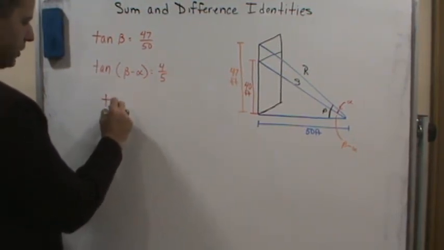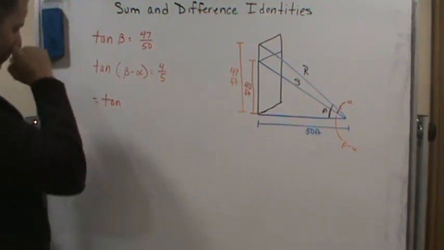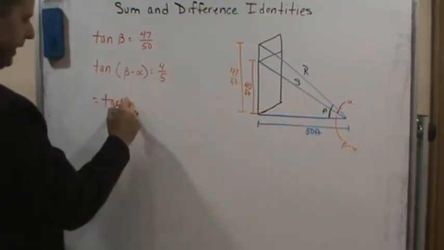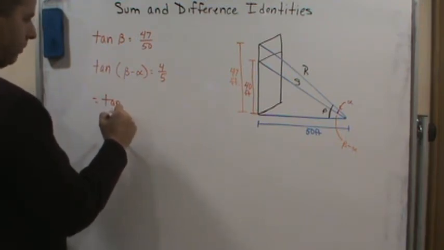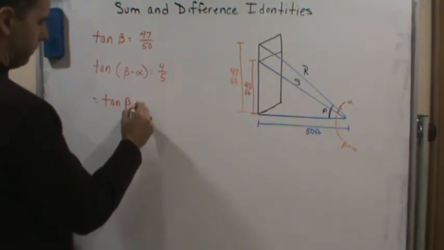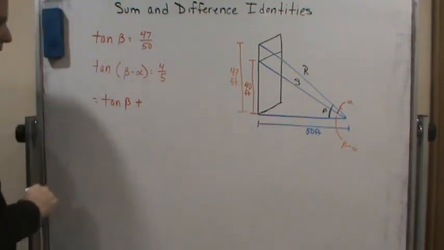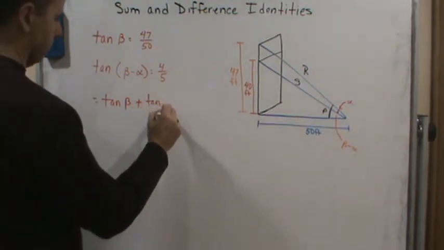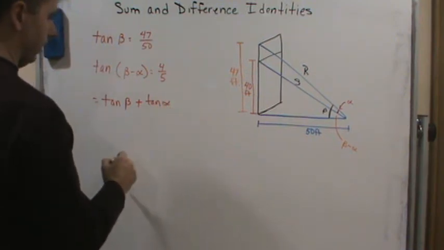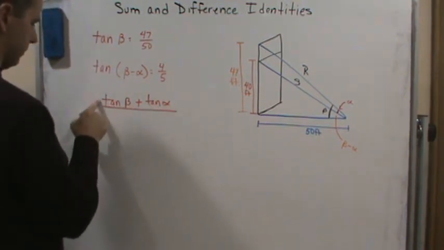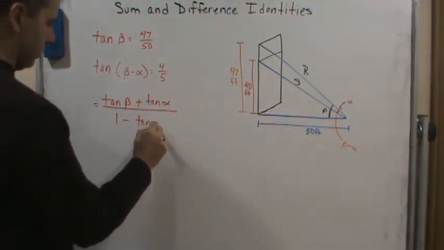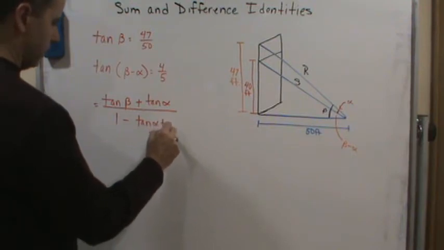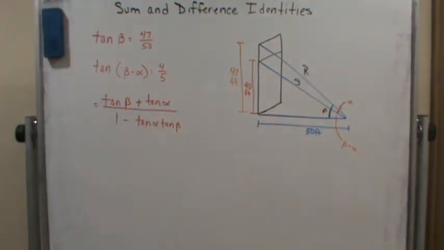So this is going to be equal to tangent beta plus tangent alpha divided by 1 minus tangent alpha tangent beta.